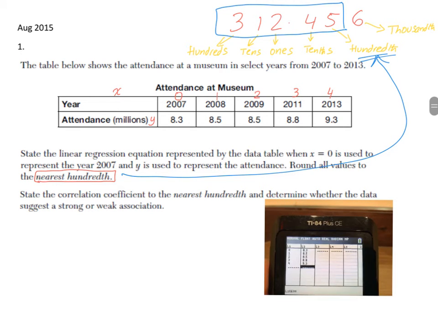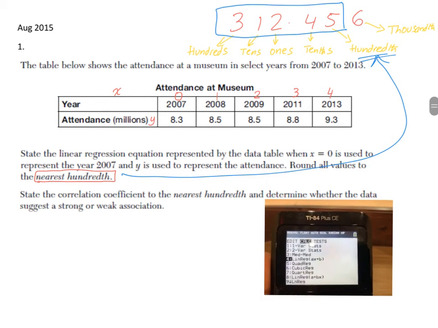And then we'll go back to stat, we'll go to calculate, and then we go to linear regression, and then we go down to calculate, and we'll get our values for A and B, and that's how we'll find the equation.